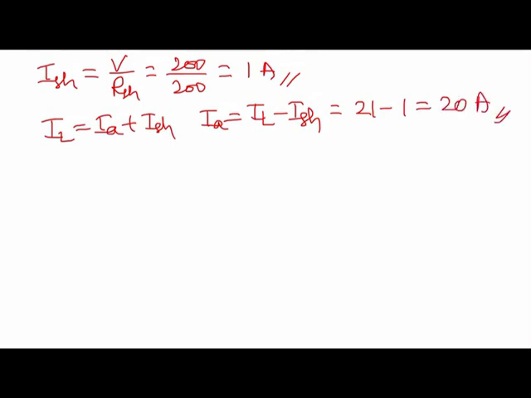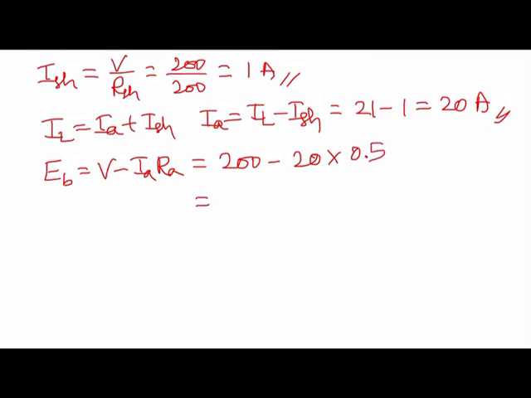Now let us calculate the back EMF: EB is equal to V minus IA RA, that is 200 minus 20 into 0.5. Upon calculating this, you get 190 volts. So the back EMF is 190 volts.